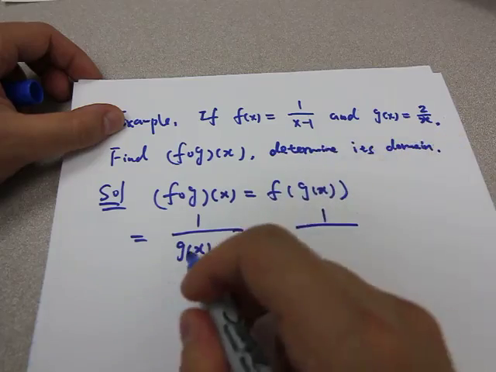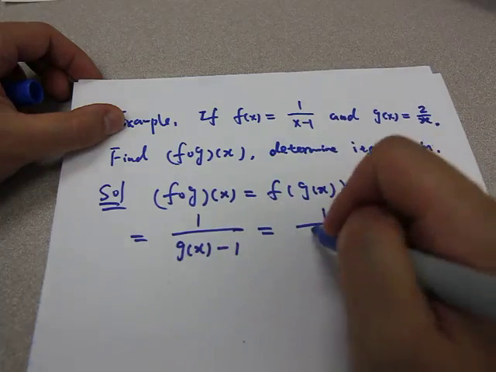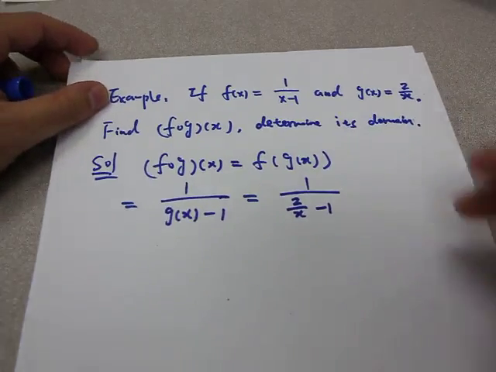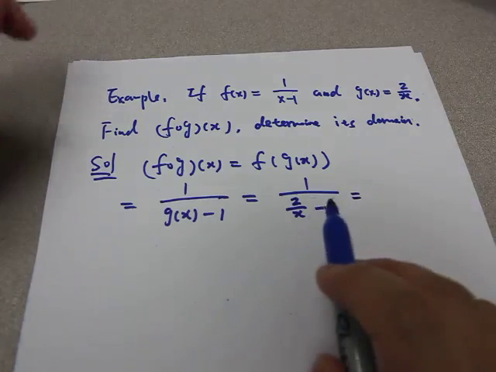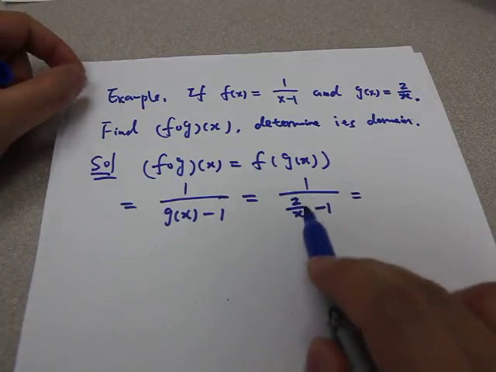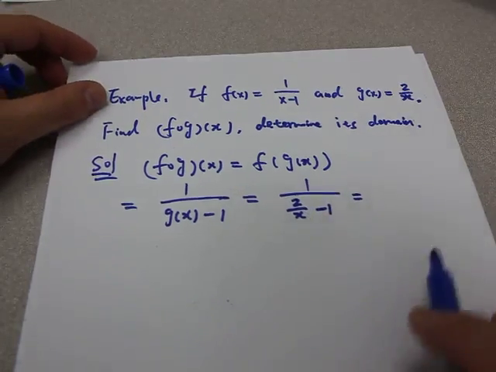And because g(x) is 2 over x, this is 1 over (2 over x) minus 1. Okay, but we're going to need to simplify this result, but I will do that in a second.